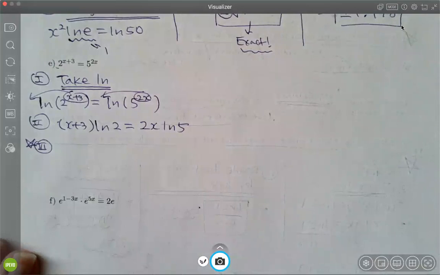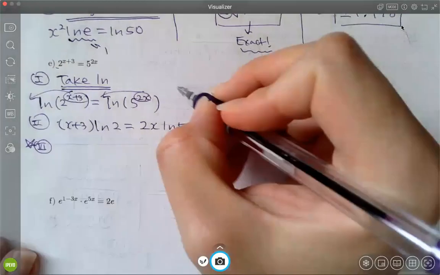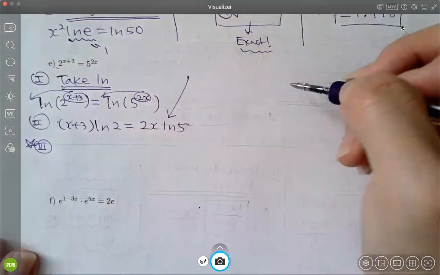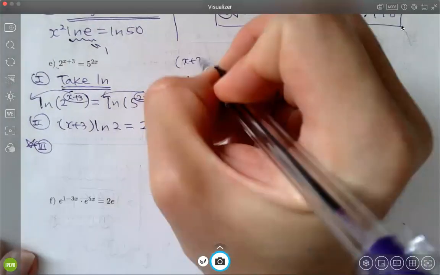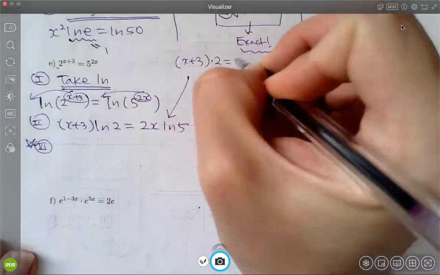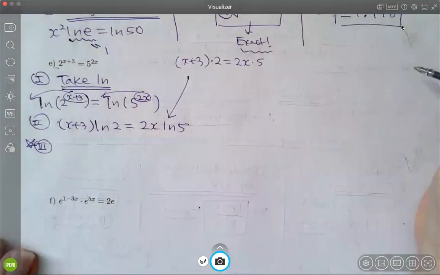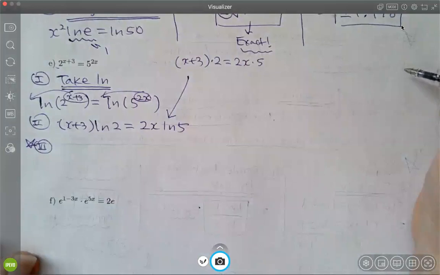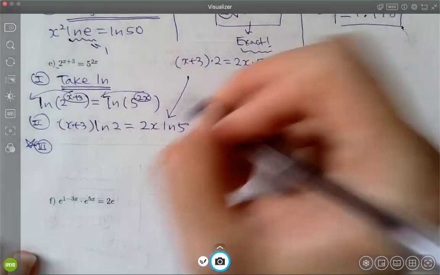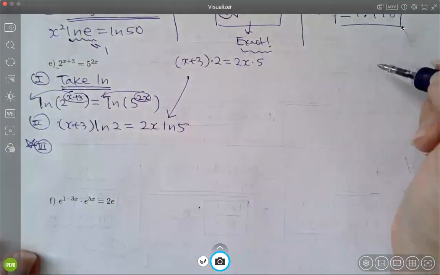So here my hint is, this is quite similar with this problem. Okay, so for now, forget about the ln, but this is really similar with this problem. What would you do next?